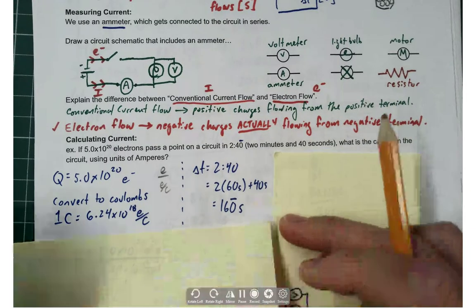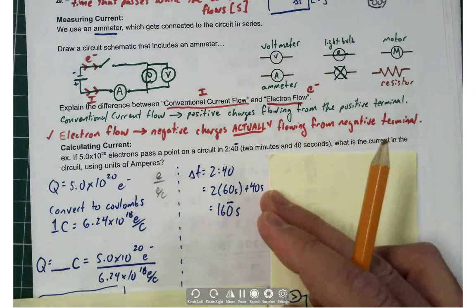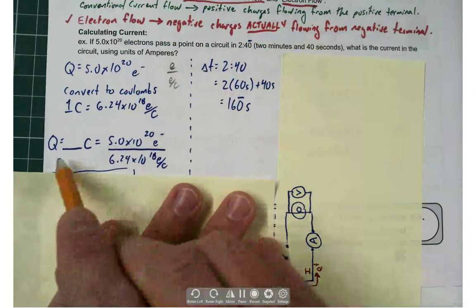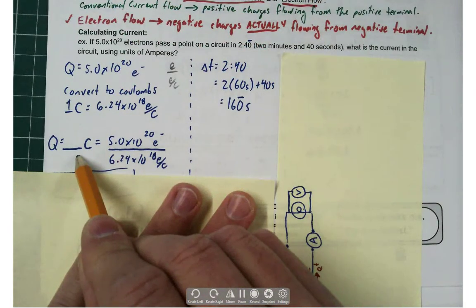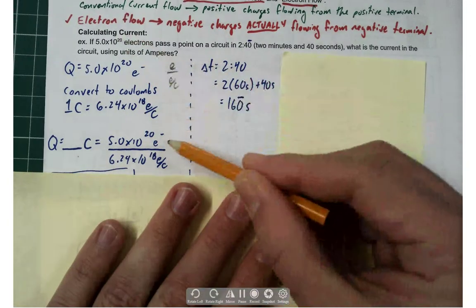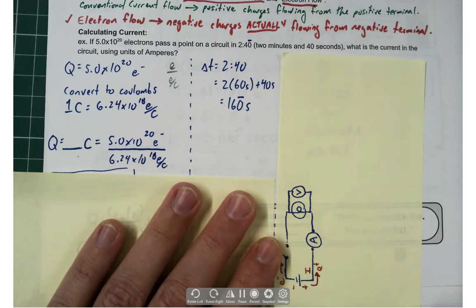So here's the math on that. A little pre-thinking on the units. If I wanted to get the number of coulombs based on what we were given, I would take the 5 times 10 to the power of 20 divided by 6.24 times 10 to the power of 18 electrons per coulomb, or elementary charges per coulomb.